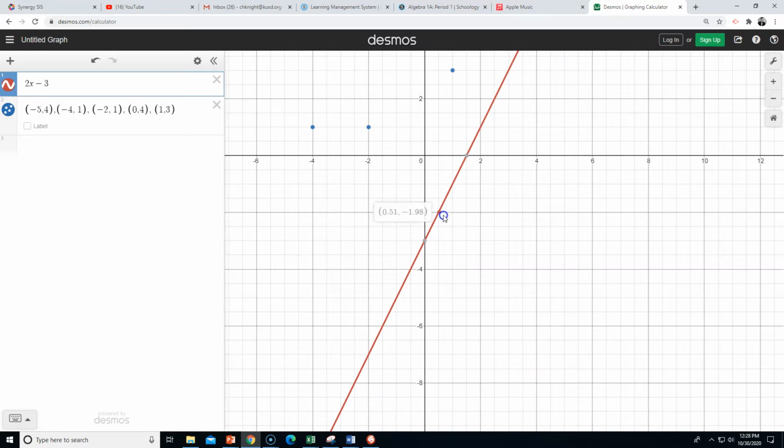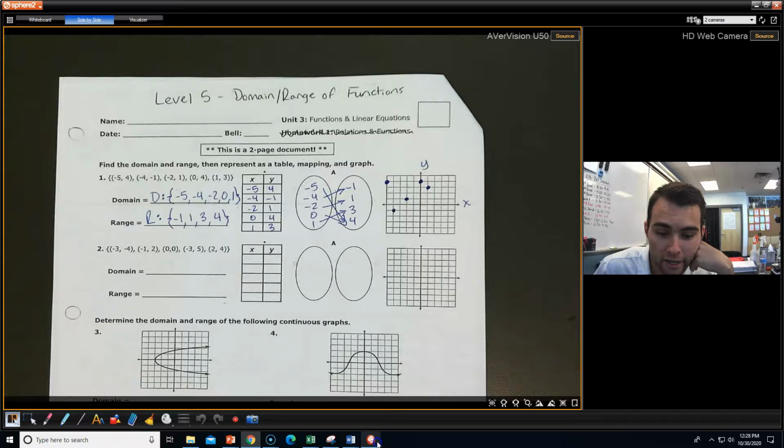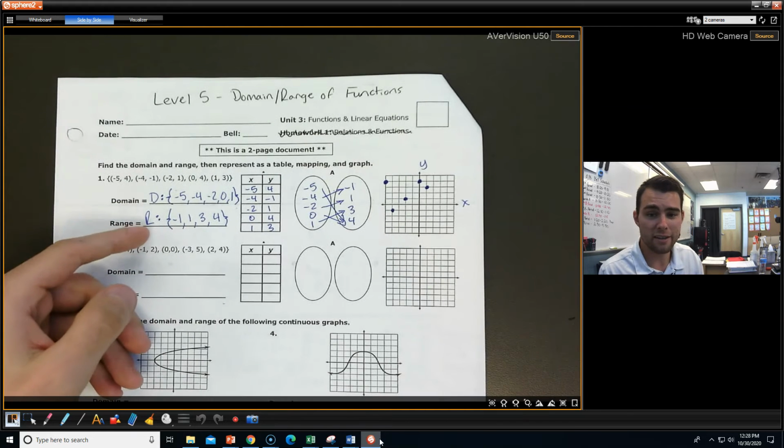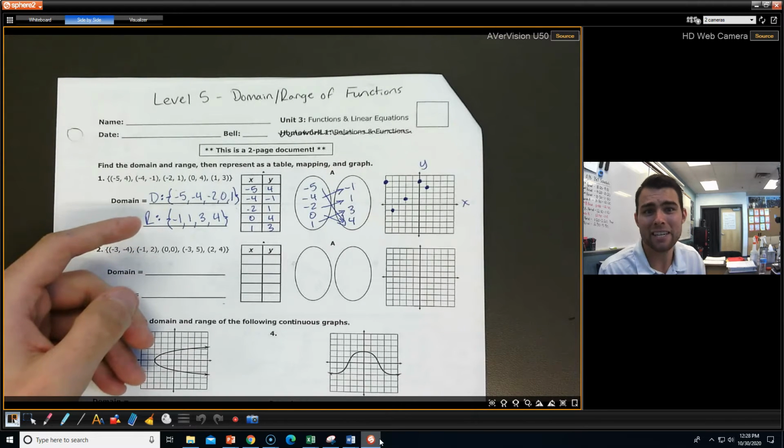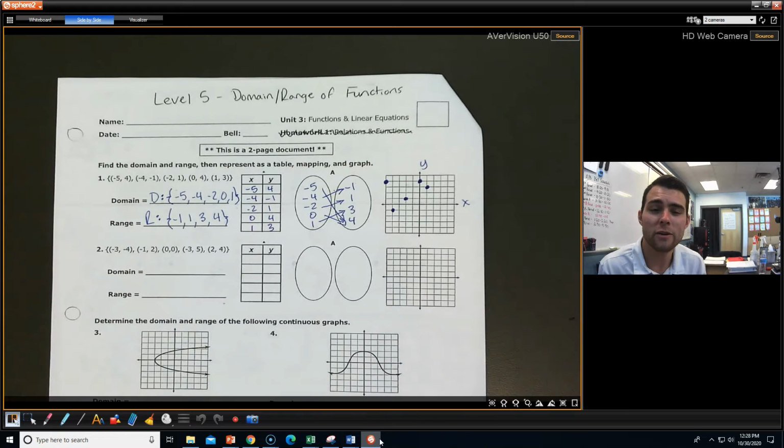I have an infinite amount of points along this line. So if I was going to list out the domain and range for a line, like I'm doing here, that's impossible. I can't do it. There's just no way. I don't have enough time in my life to be able to do that.